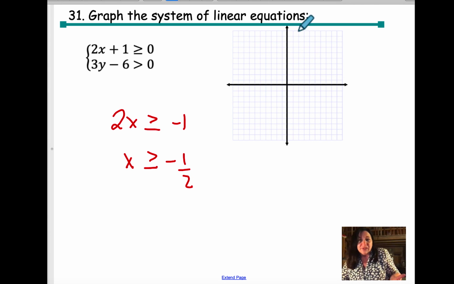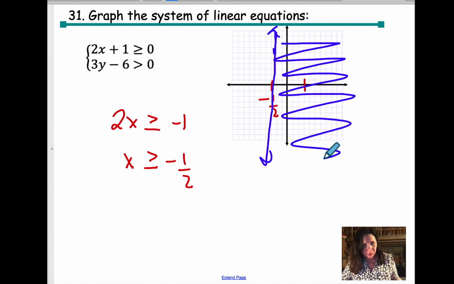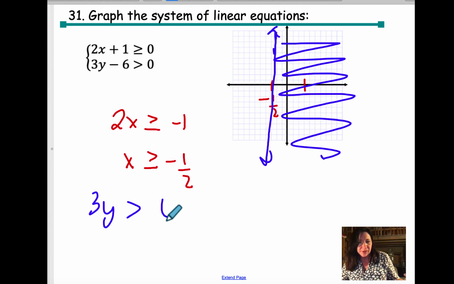So basically, if I had a graph, let's say this is -1/2. This is my graph of x equals -1/2, and it's a solid line because it's an equals, and it's saying greater than, so that's shading everything over here to the right. This here is saying 3y is greater than 6, so y is greater than 2.